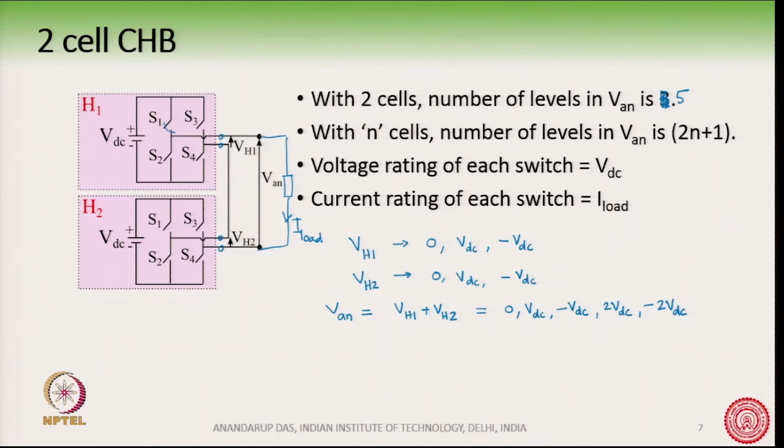So, this is one feature of such a converter: it has a high degree of repetitiveness, or in one way we can say it is highly modular, because H1 and H2 are two identically rated H bridge cells. If we produce one such H1, we can very easily manufacture H2 or H3 or H4 like that. So, it is highly repetitive and modular in structure.